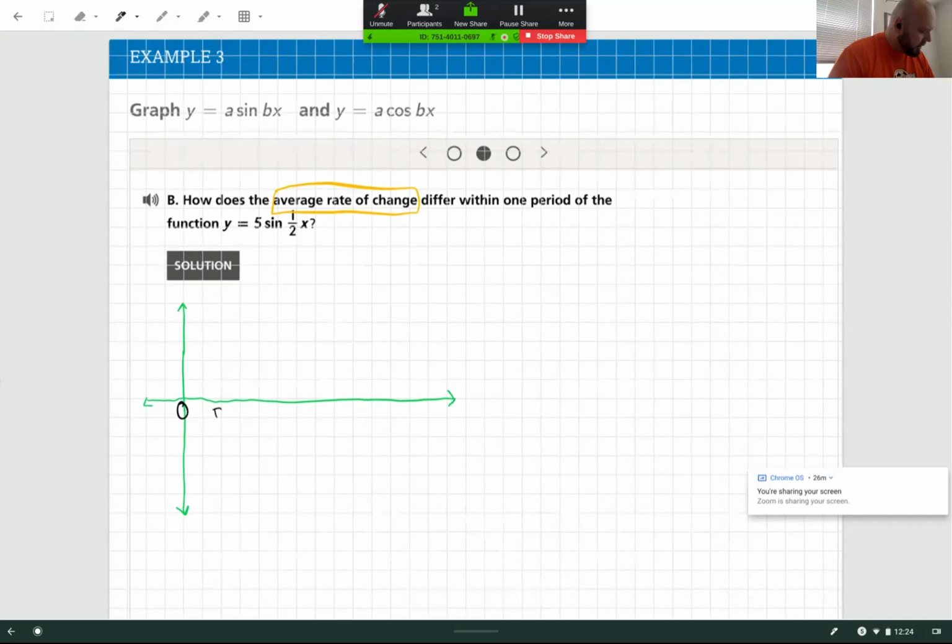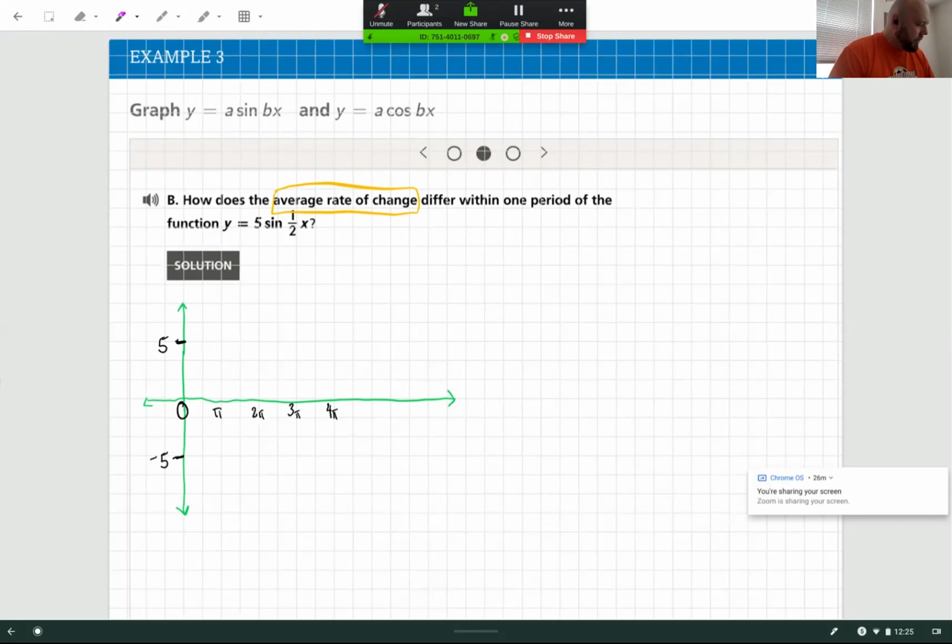Let's go with pi, 2 pi, 3 pi, 4 pi. And I'm going to graph this one in purple this time. Let me go back and put my, I know this might annoy some of you guys because it's 3 units above, but I'm going to call it 5. And I'm going to call this -5.